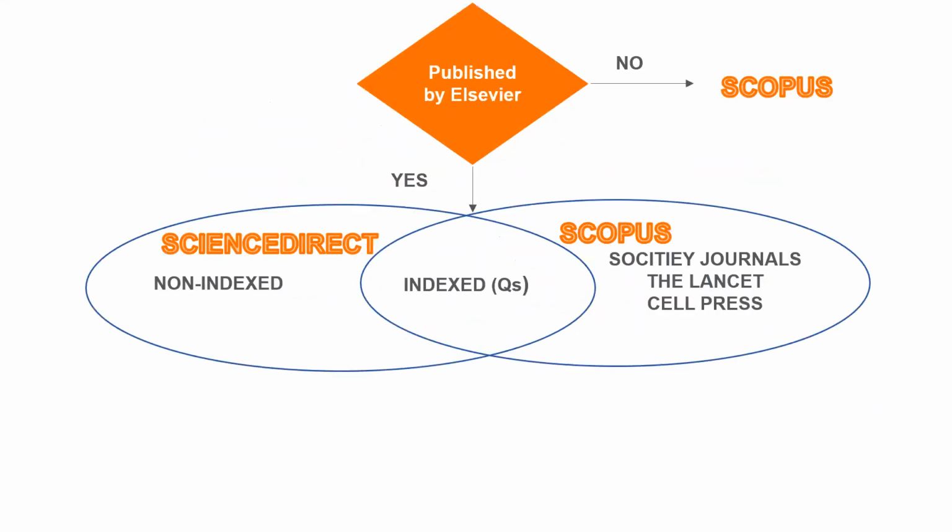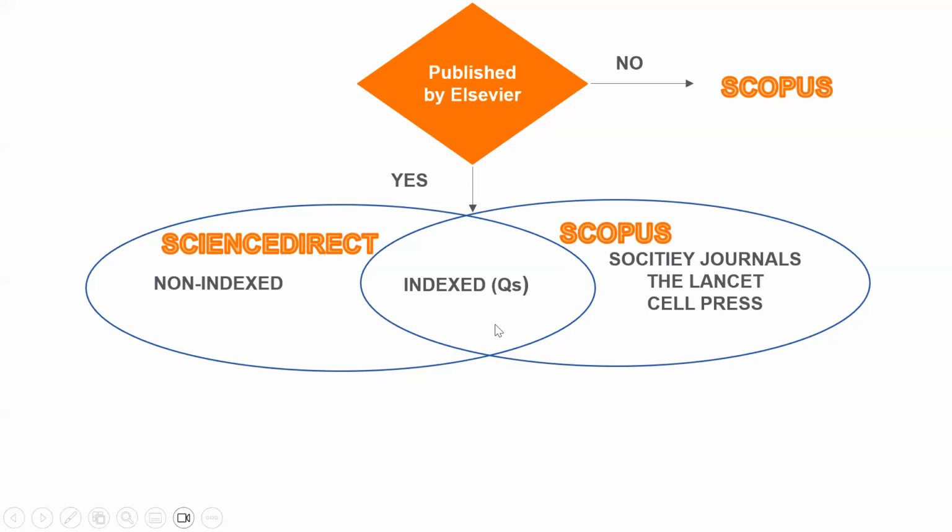So the first question I need to ask myself, if I'm looking for a specific journal, is whether this journal is published by Elsevier or not. If it's not published by Elsevier, I can go straight to Scopus to find more information about the journal. If it's published by Elsevier, I can get information from both Science Direct and Scopus. You can see that Science Direct may have some other titles that are local, some titles not indexed yet in Scopus.